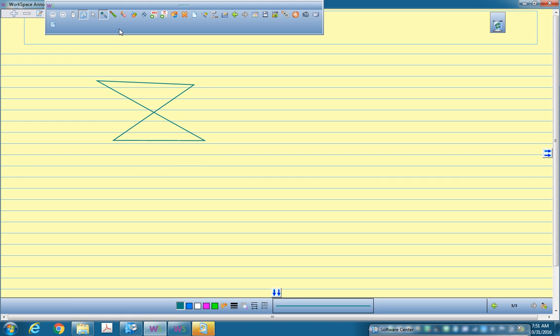And they tell you that this is parallel to this. This is parallel to this. And this C is a midpoint.